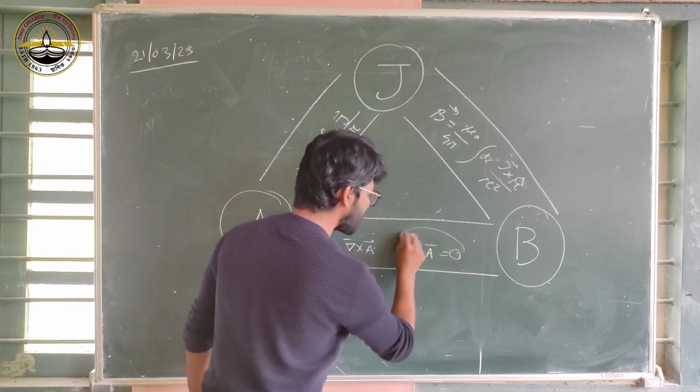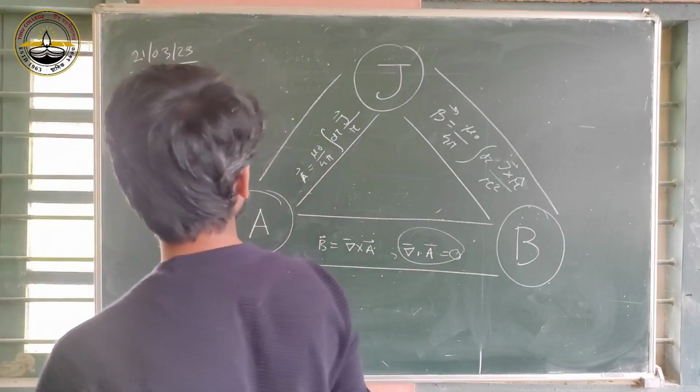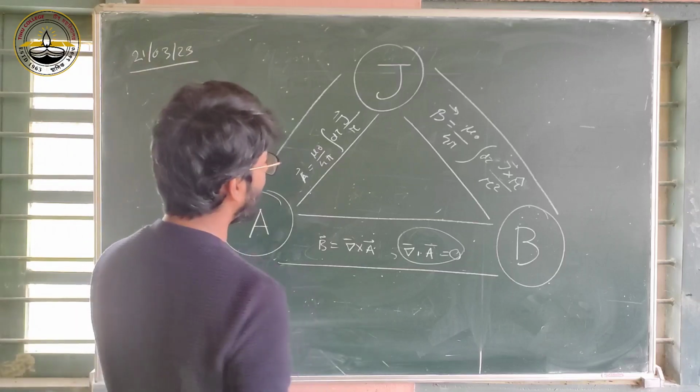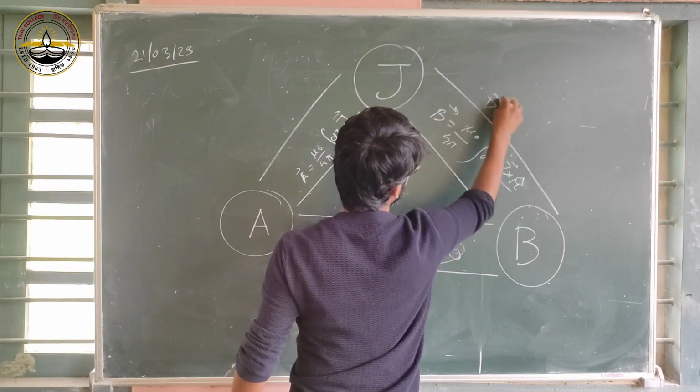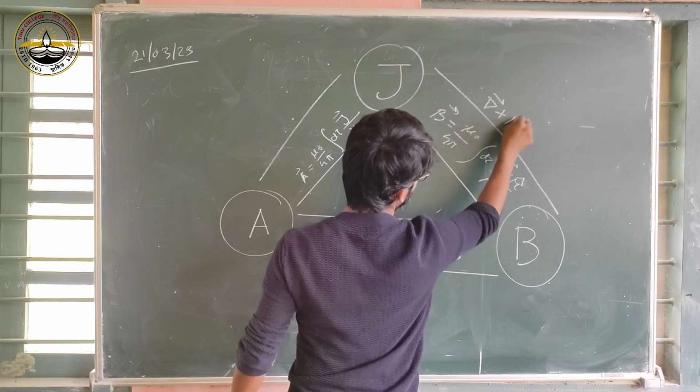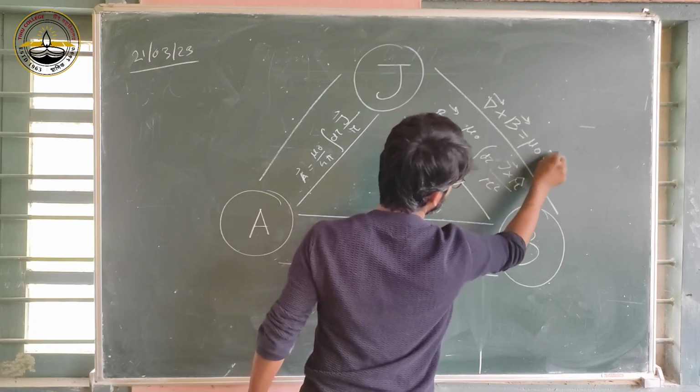Remember, if you choose del dot A equal to 0, we get this solution. Del cross B equal to mu naught J.